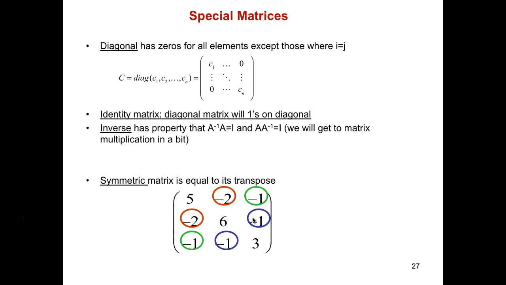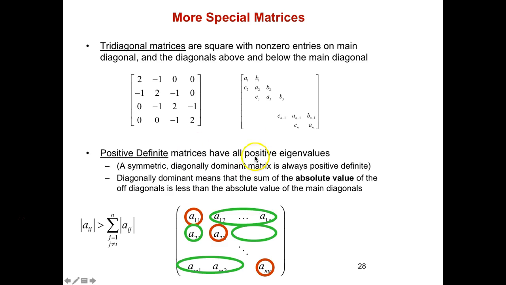A symmetric matrix is equal to its transpose. I can have more than one diagonal, above and below the main diagonal. I can actually keep going and have tridiagonal and pentadiagonal matrices, and they're important in some applications. There is a whole class of problems in numerical modeling that ends up having matrices of these types at the core of the problem.